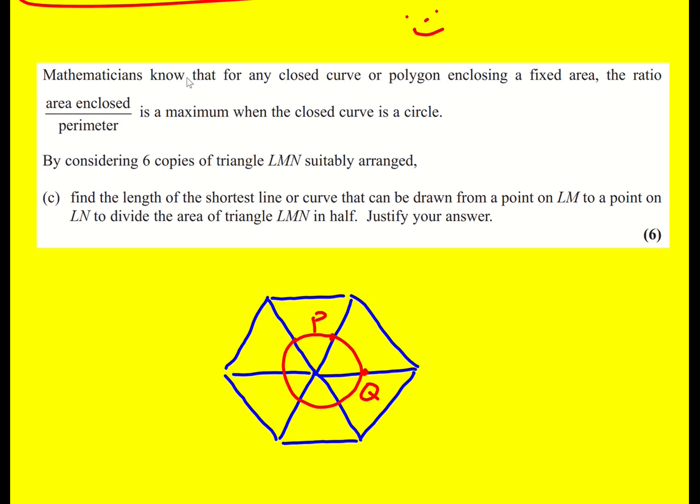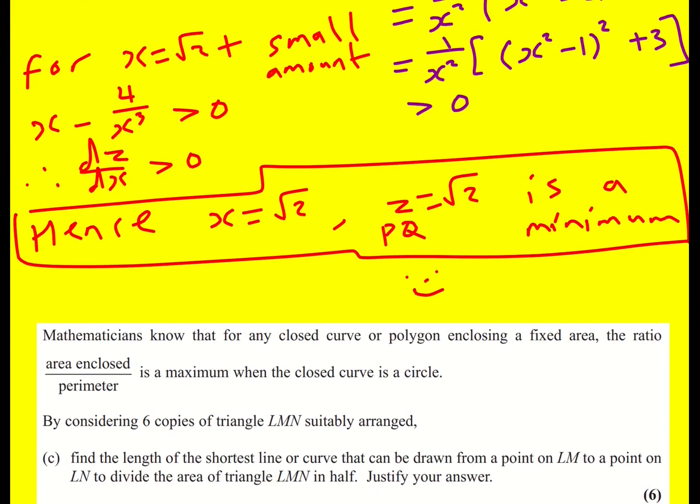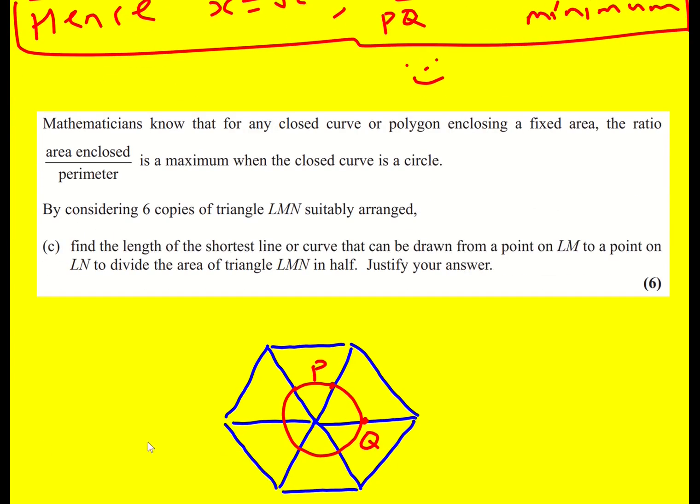Mathematicians know that for any closed curve or polygon enclosing a fixed area, so I have a fixed area here, I know I've only got half. We've already gone with using a straight line. And when I was using a straight line, I'd have to move P and Q and I'd get a polygon if I moved it all the way around. But if I want to maximize the area enclosed by the perimeter, then I need to use a circle.